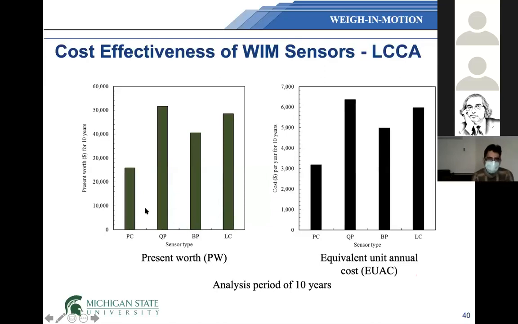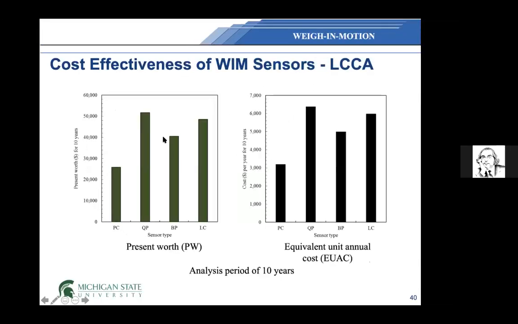So this is telling me piezo cable is still the cheapest if you compare over life. But if you look at quad piezo and bending plate, the bending plate is the next cheapest here over the life cycle cost, and this is also equivalent unit annual cost. These are the two criteria we use to compare different alternates for life cycle cost.